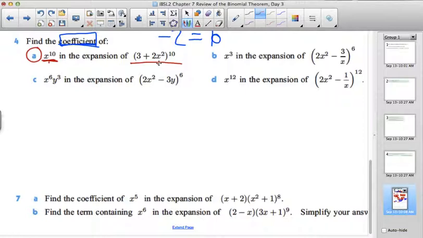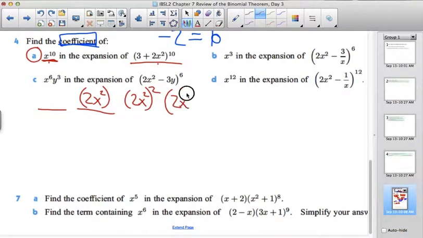But notice here x is squared, so we're going to need to figure out which term will actually give us the x to the 10th. In our first term, there are no x's, it's just 3 to the 10th power. In our second term, we've got the 2x squared to the first power. Then the 2x squared squared gives us an x to the fourth.